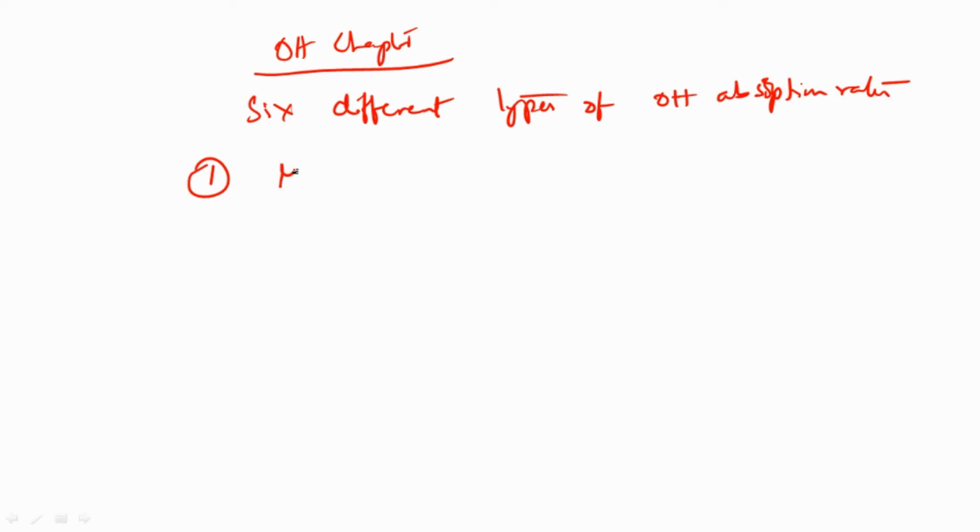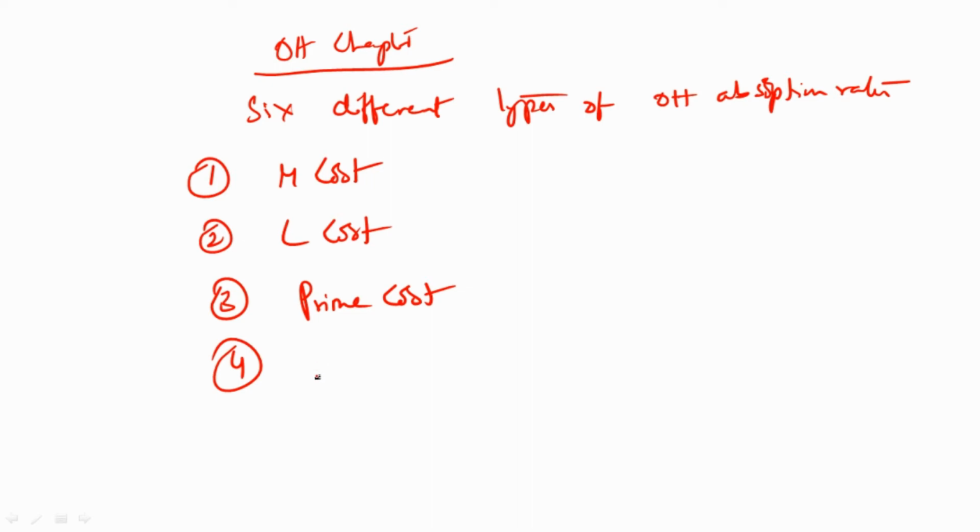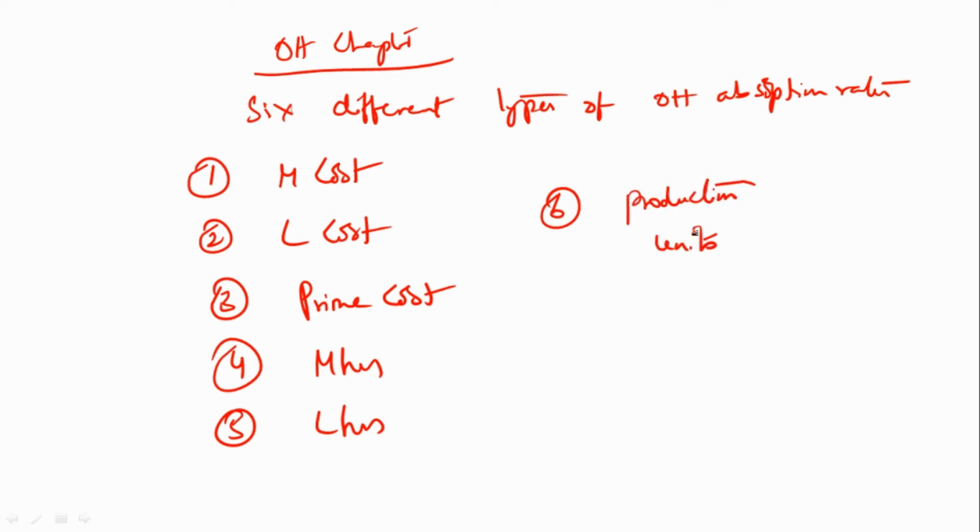One is based on material cost, second is based on labor cost, third is based on prime cost, fourth is machine hours, fifth is the labor hours method, and the last one is the production method, or we can call it units. So totally you've got six different types of overhead absorption rates.